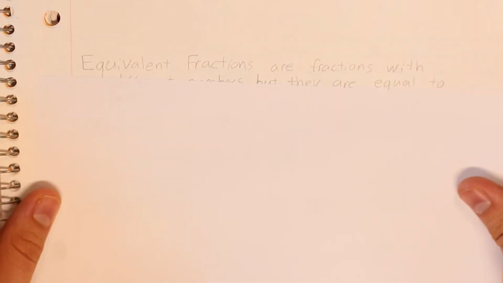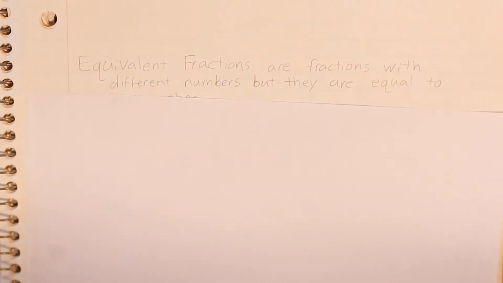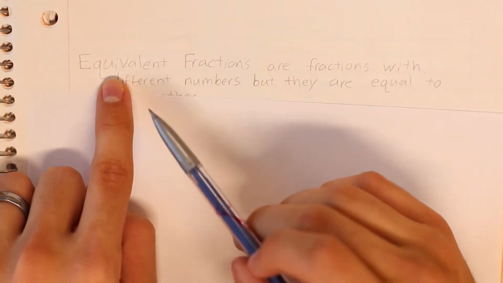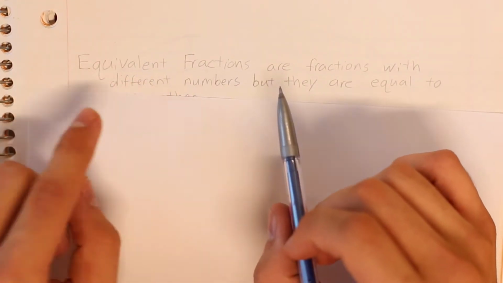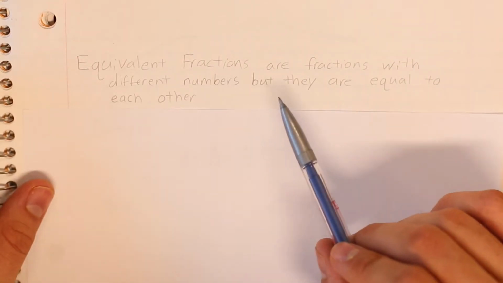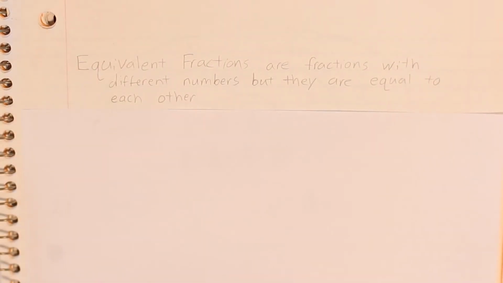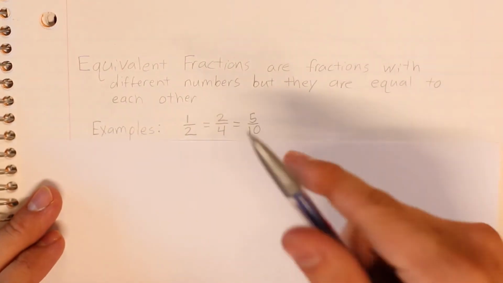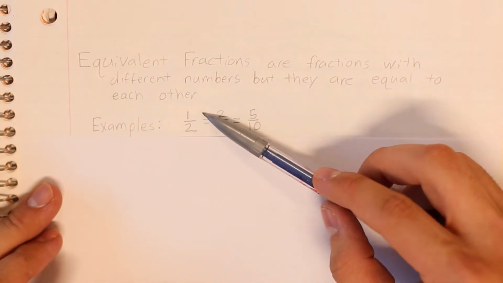Some terms for us to go over in this section. One is something called equivalent fractions. Equivalent fractions are fractions with different numbers, but they are equal to each other. So, for instance, let's take this one first, 1/2.